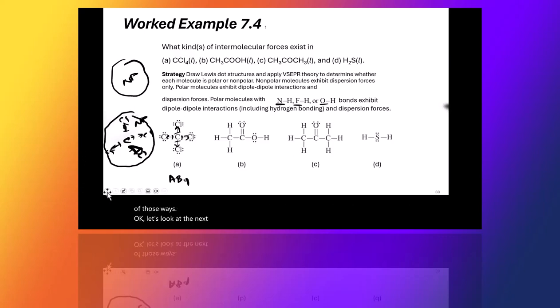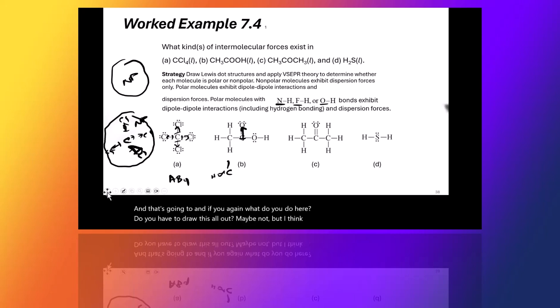Well, the next one, you have carbon attracted to that oxygen, and if you know, again, what do you do here? Do you have to draw this all out? Maybe not, but I think it helps if you can.